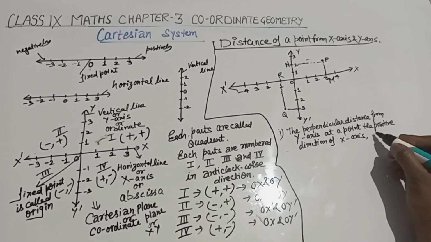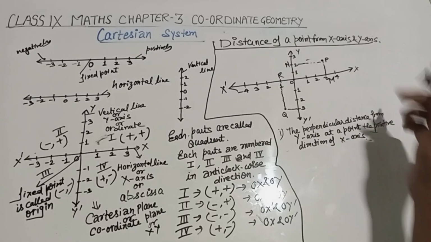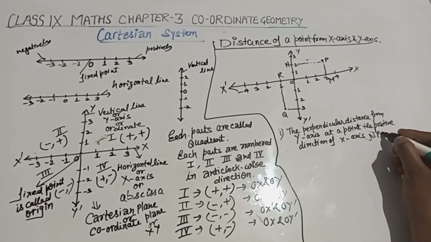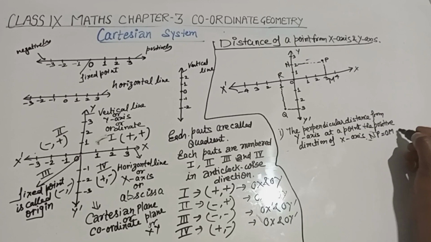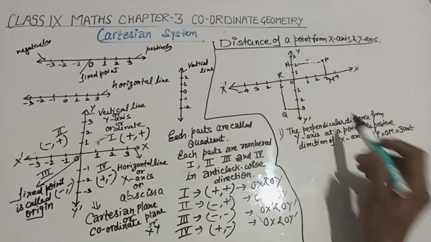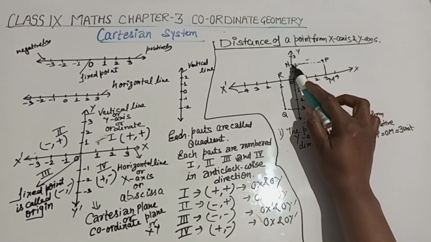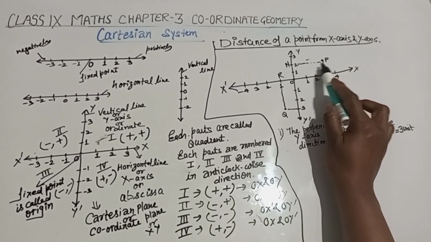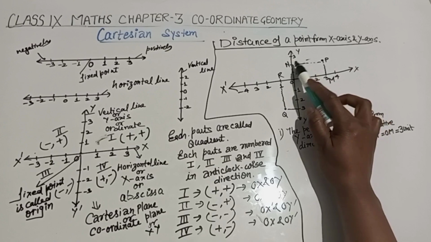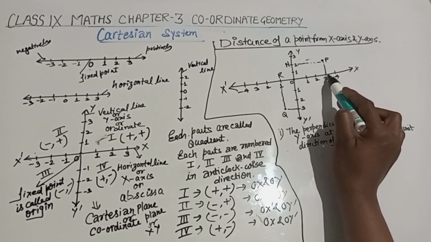So you can say that NP is equal to OM is equal to 3 units. Have you seen that? It is from here to here. It is 3 units. It means PN is equal to OM.